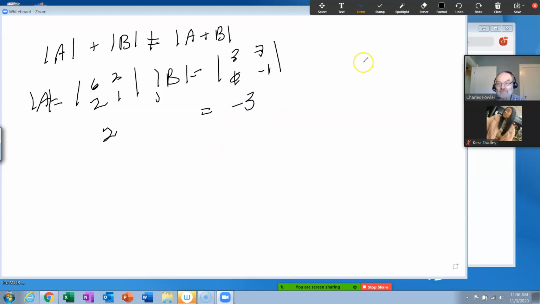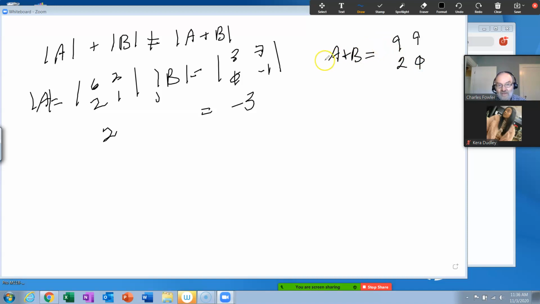Well, what happens if we add these two together? A plus B is a pretty simple operation. That would be 9, 9, 2, and 0.